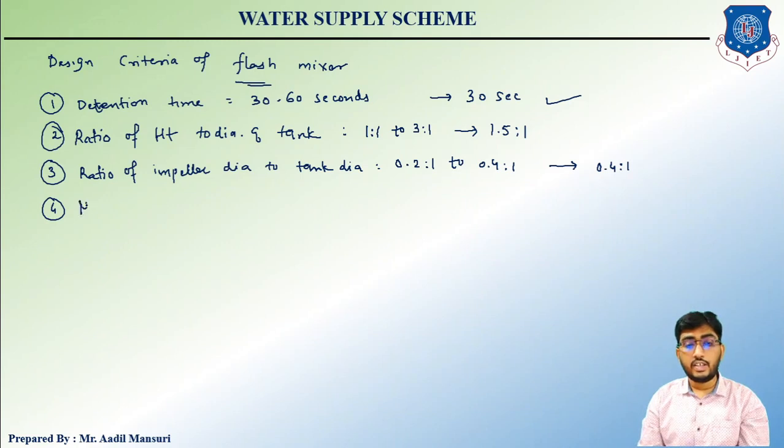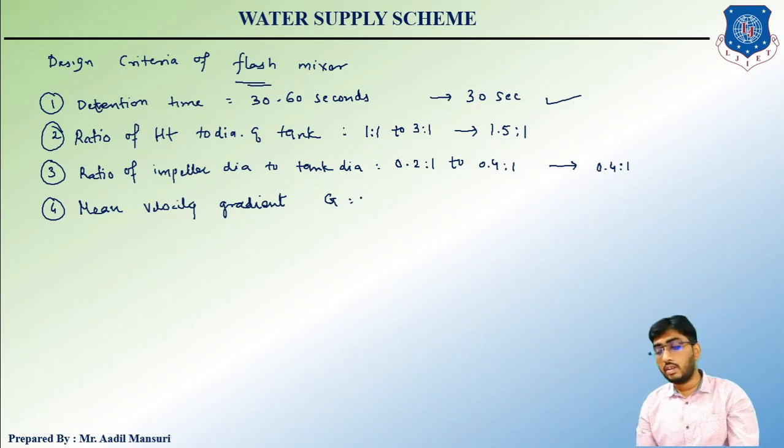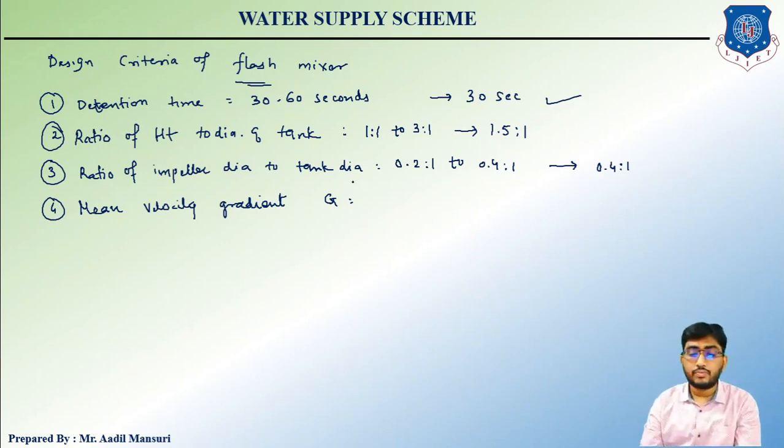Okay, next, velocity gradient, that is mean velocity gradient, that is nothing but G. This value should be greater than 300 per second.